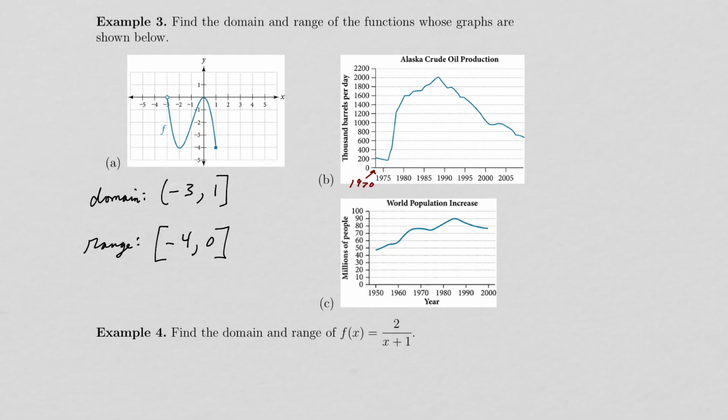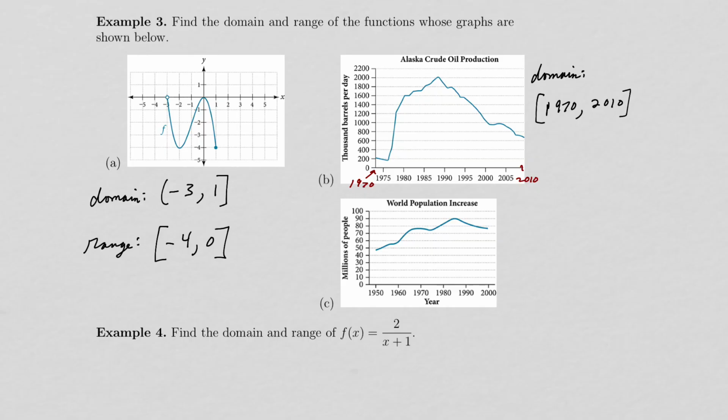And then the last value may be about 2010. So then we could say that the domain is from 1970, and we'll include it, to 2010. That's approximate though, because it's hard to read exactly on the graph there.